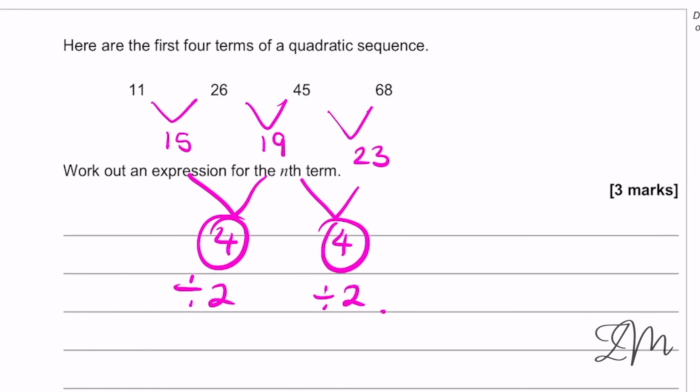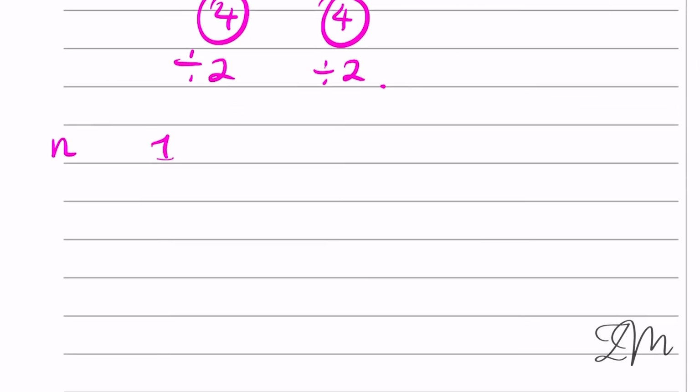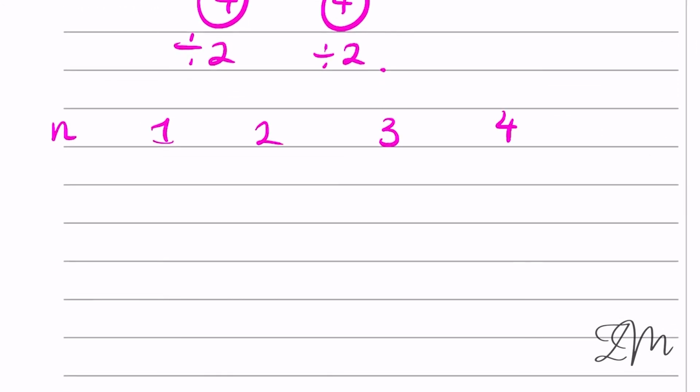So now we know for definite, so if I'm going to rewrite this sequence, we've got n is 1, 2, 3, 4. We've got 11, 26, 45, 68. And we now know we've got 2n squared.